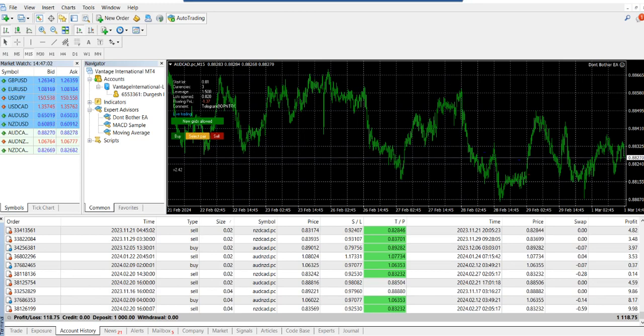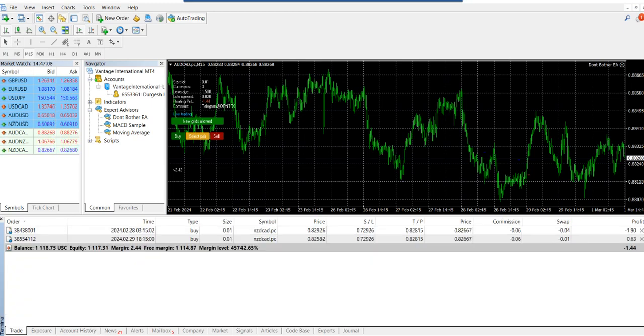Here we made almost a similar profit, 118.75. And similarly, there are two running trades right now. There is not much difference in profitability between the two at this moment, but in the long term, it might make a bit of difference.